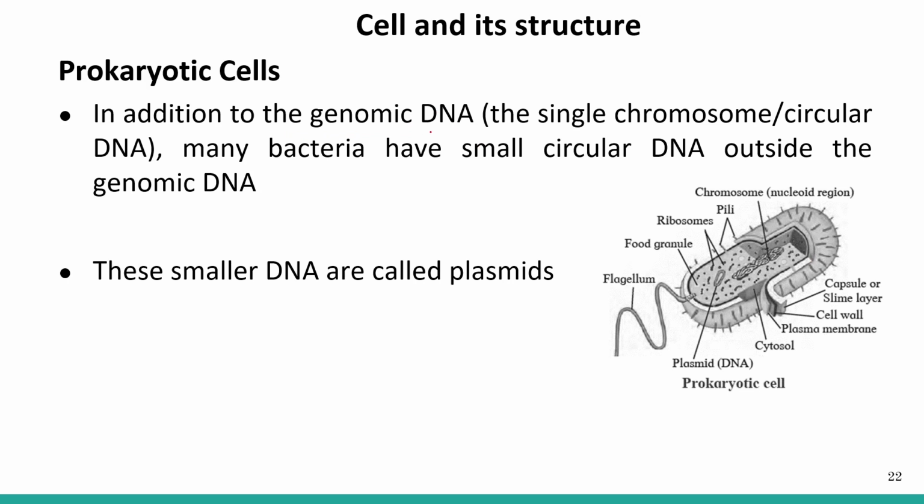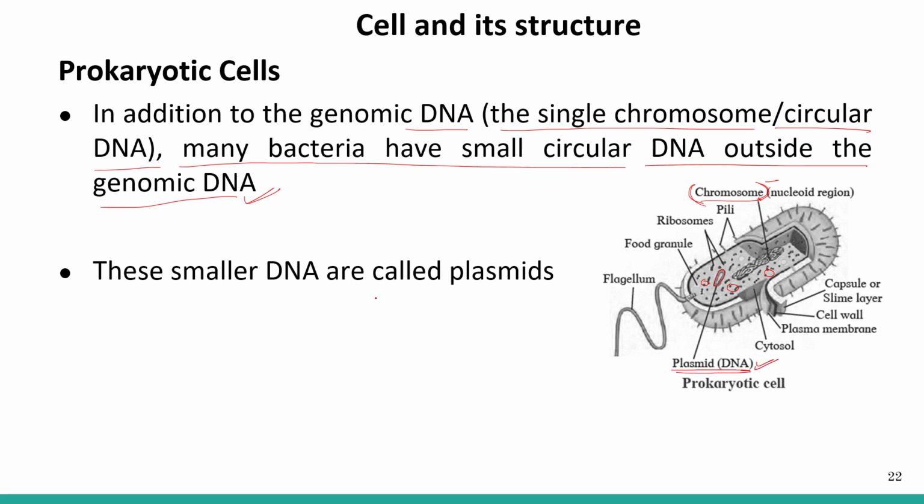In addition to the genomic DNA, the single circular chromosome, many bacteria have a small circular DNA outside the genomic DNA. So beside this one chromosome, which is the main chromosome of the cell, there are some circular DNA. These circular DNA are called plasmids. Okay.